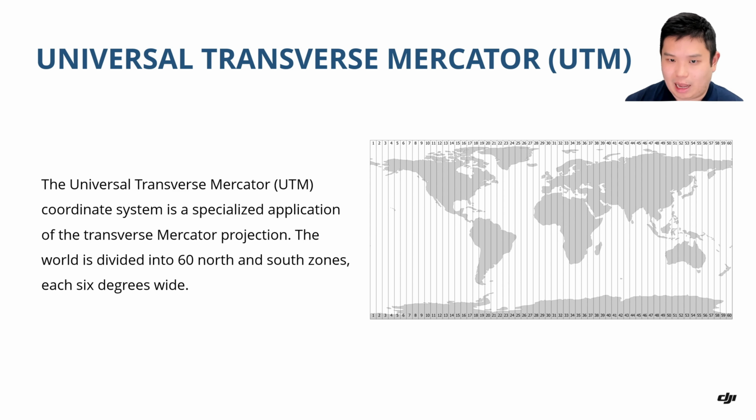If I want to apply UTM projection where I live, which is Los Angeles, that will simply be zone 11 north, because I'm on the north side of the equator. So that is going to be my UTM projection zone.